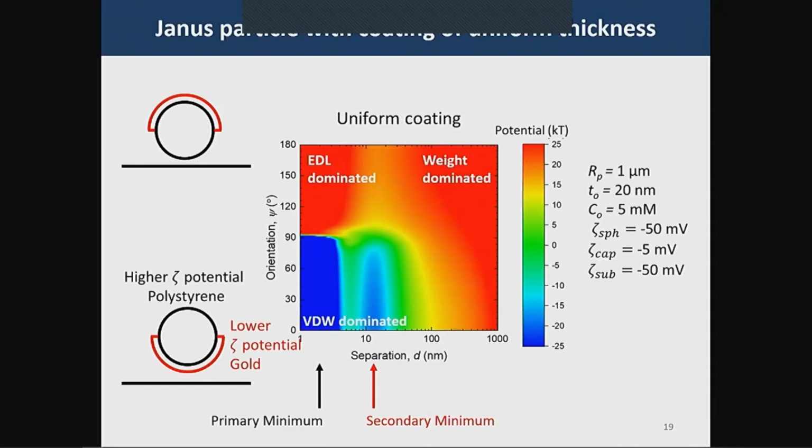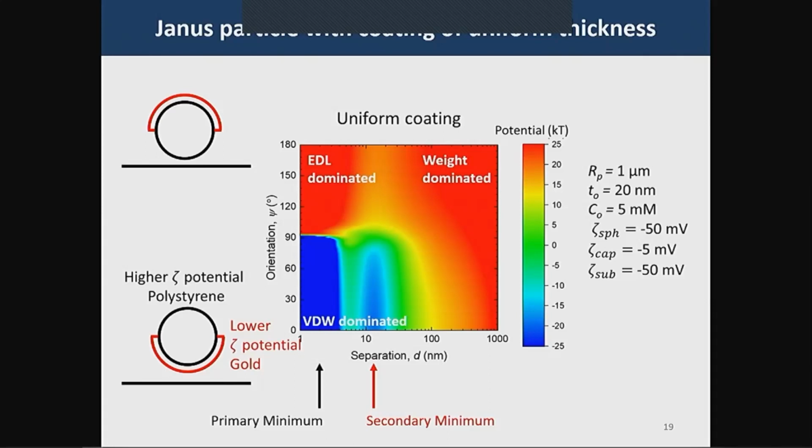So in that regime, the van der Waals attraction is greater than EDL. Whereas up here, you'll be EDL dominated, electric double layer dominated, and then at larger separation distance, you'll be weight dominated because these first two things are irrelevant when you're a micron away from the boundary.